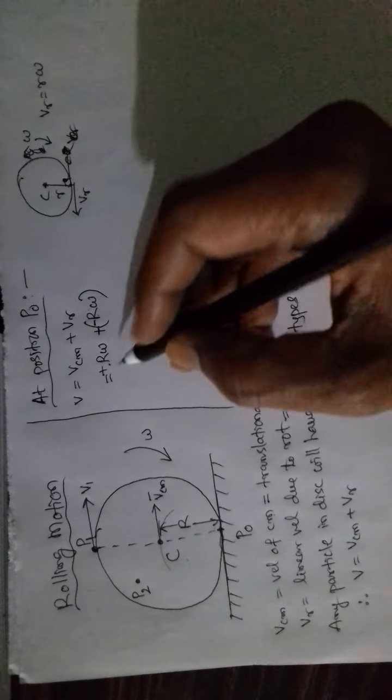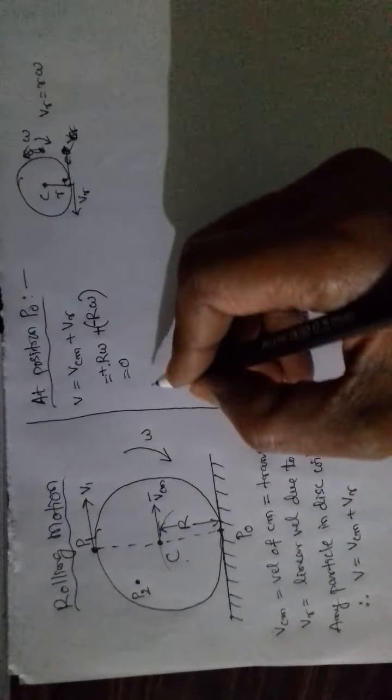Therefore minus. VCM is to the right, therefore plus, and VR is to the left, therefore minus: plus R omega minus R omega is equal to 0. That's why the particle at P0 is momentarily at rest.